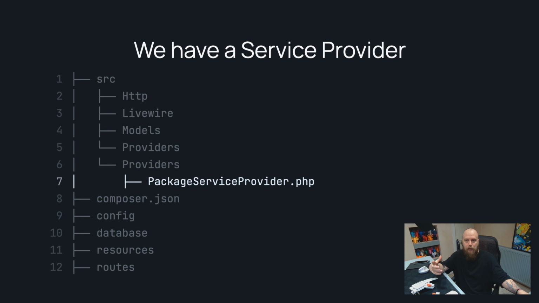This is what we will register within our composer JSON, and we'll tell Laravel about it when we're installing this, and it will auto-register it, and things will start to link up and work. It's how the Laravel package system works, and it's a perfect example for the composable architecture.